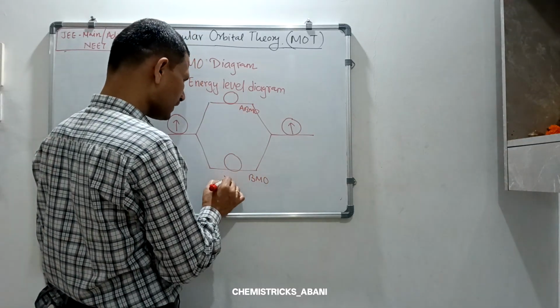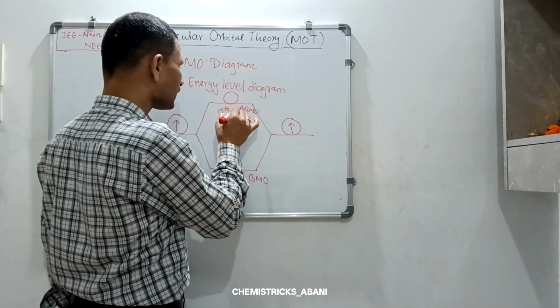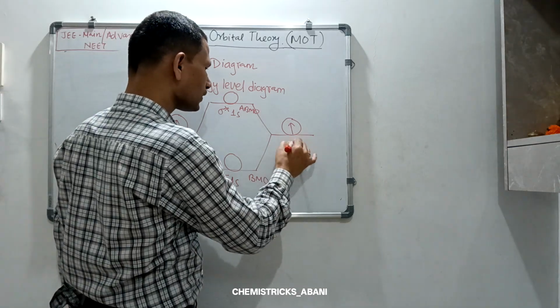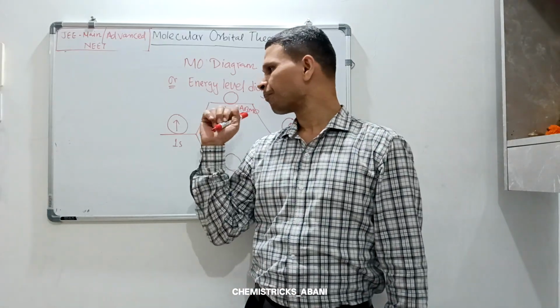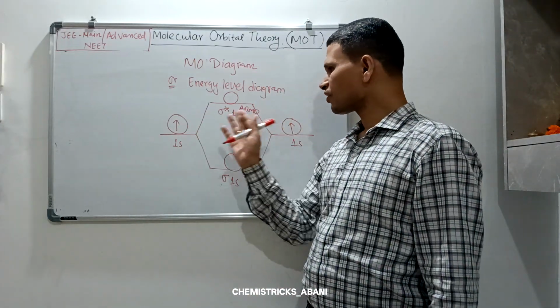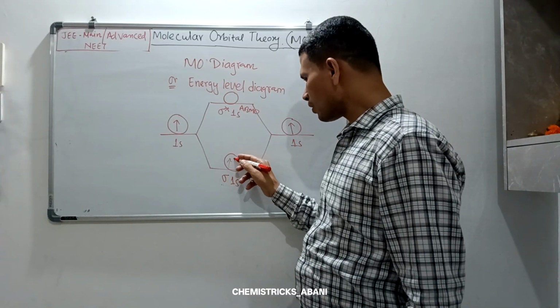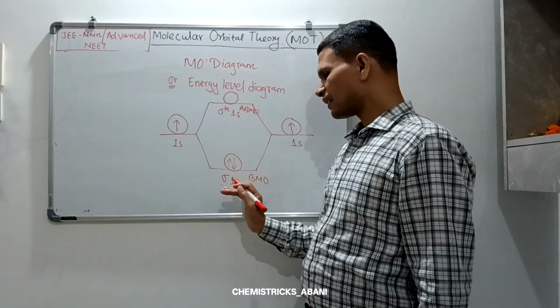This is sigma 1s, this is sigma star 1s. If I consider these as 1s orbitals, these are the possible molecular orbitals formed by combinations of these two. If there are two electrons in this, there are two electrons here also. There is no electron over here in the antibonding, and here there are.